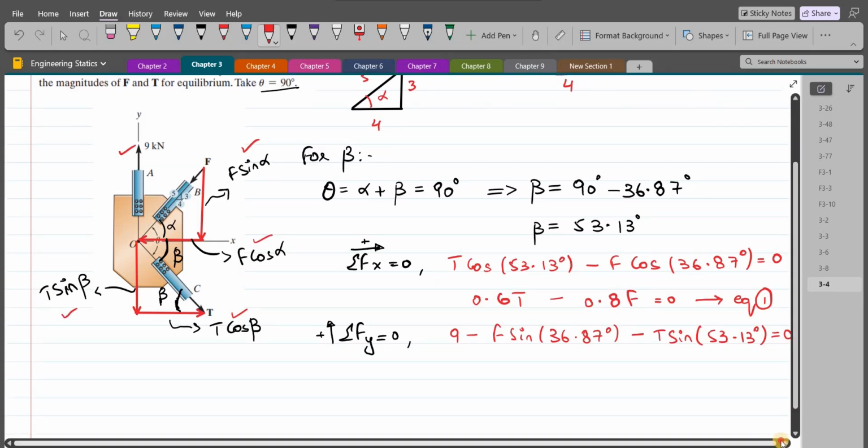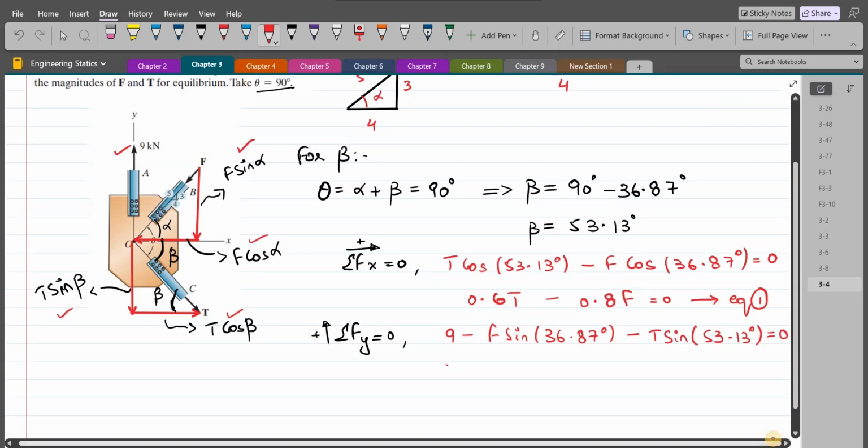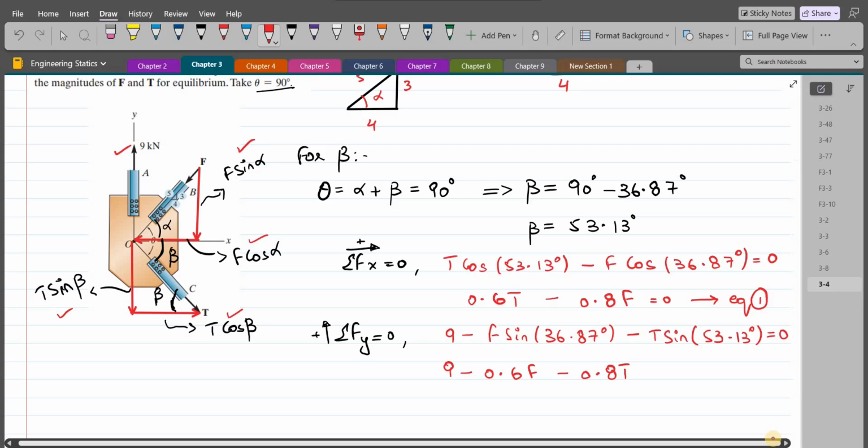So upon simplification, we have 9 minus 0.6 F minus 0.8 T equals 0. Let's call this equation 2.